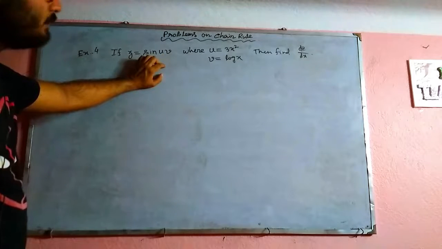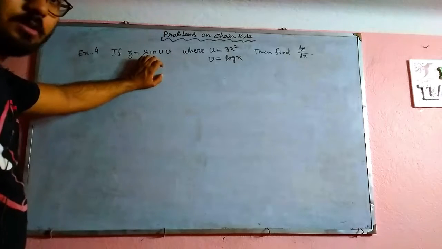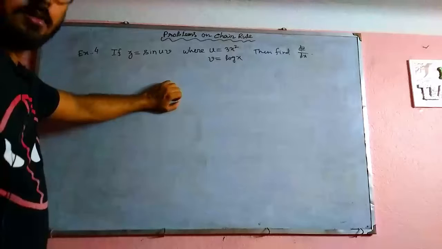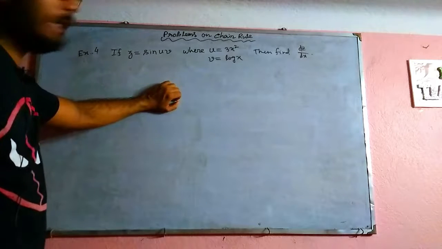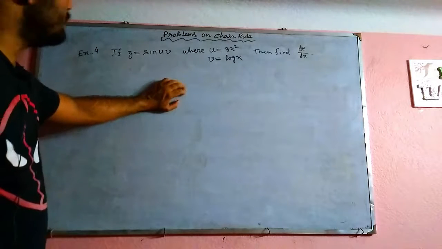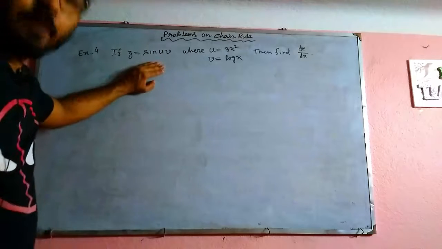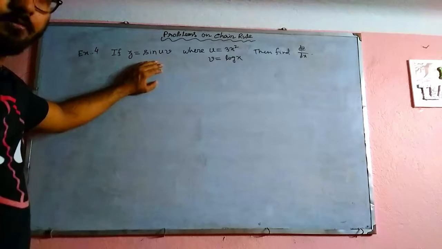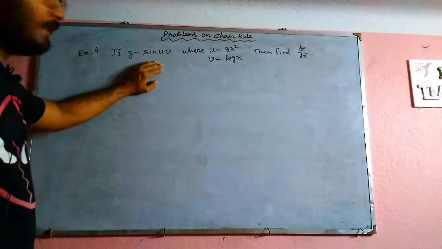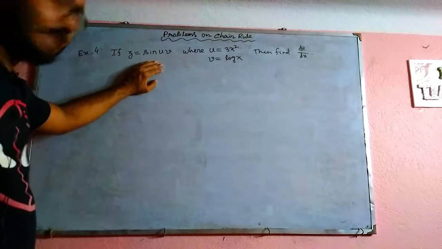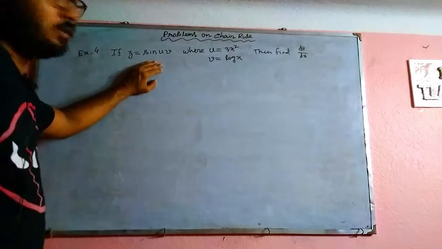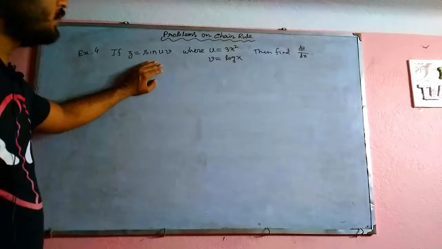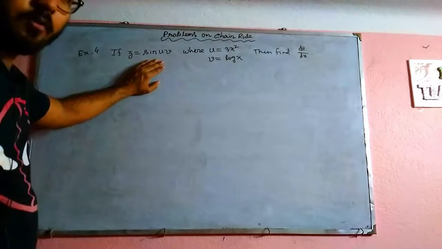In this problem we are asked to find dz dx, not del z del x, because z is ultimately a single variable function, and the variable is x. That's why we are asked to find dz dx. So we have to apply rule 4.